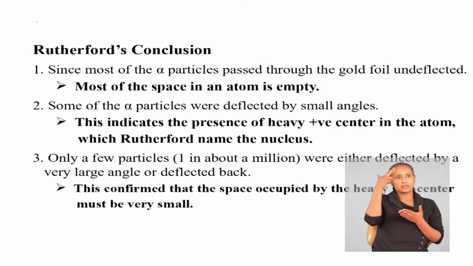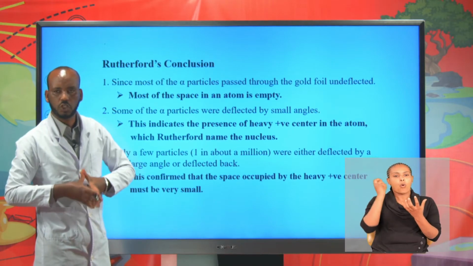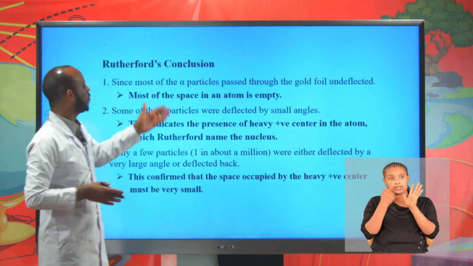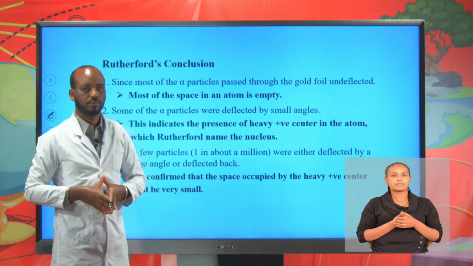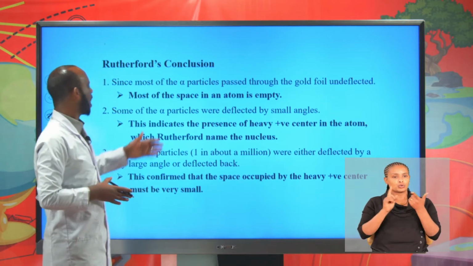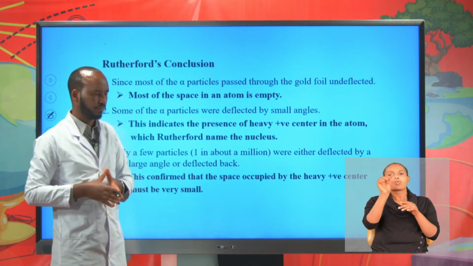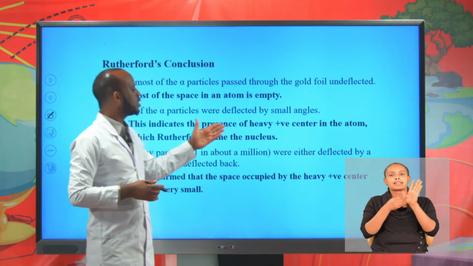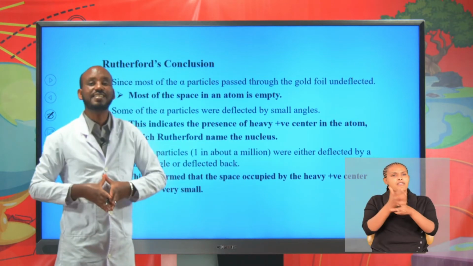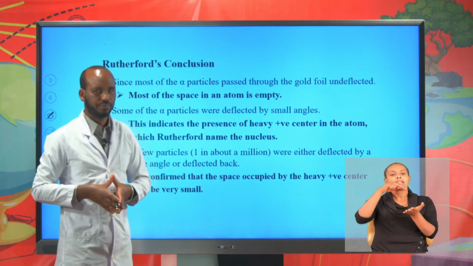Rutherford's conclusion: 1. Since most of the alpha particles passed through the gold foil undeflected, this shows most of the space in an atom is empty. 2. Some of the alpha particles were deflected by small angles. This indicates the presence of a heavy positive center in the atom, which Rutherford named the nucleus.